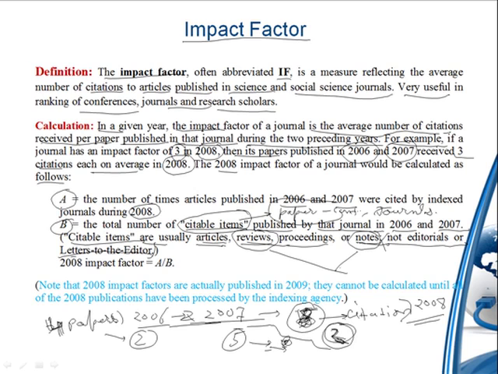Then total citations will be 9. So the average number of citations will be more than 2, and thus by using such kind of technique or management, they can increase their citations. And this is, I think, one of the demerits of impact factor.